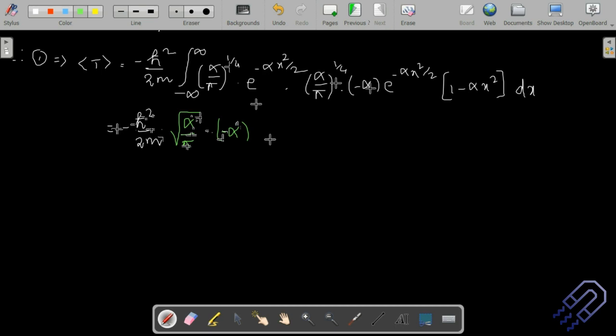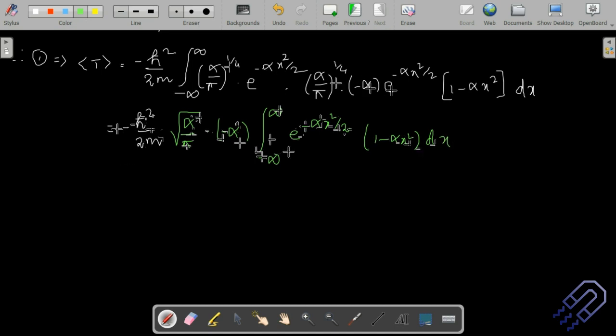Can I take anything else out? No, everything else is a function of x, so we have to integrate this. So minus infinity to plus infinity, this and this we can multiply. 2 will be there, 2 will get cancelled, so I'll be getting e to the power minus alpha x square divided by 2 into 1 minus alpha x square dx.